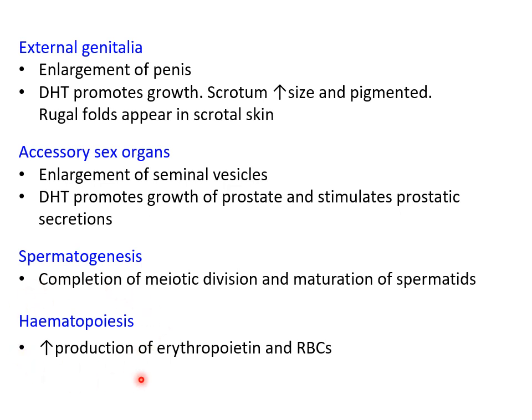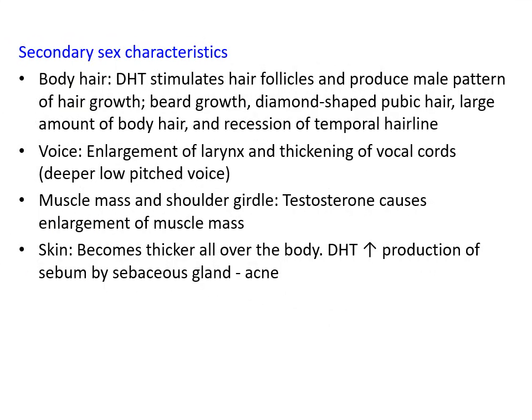And as I mentioned in the lecture of Physiology of Puberty, androgens is important in the production of red blood cells. Androgens are very important in producing the secondary sex characteristics in male.